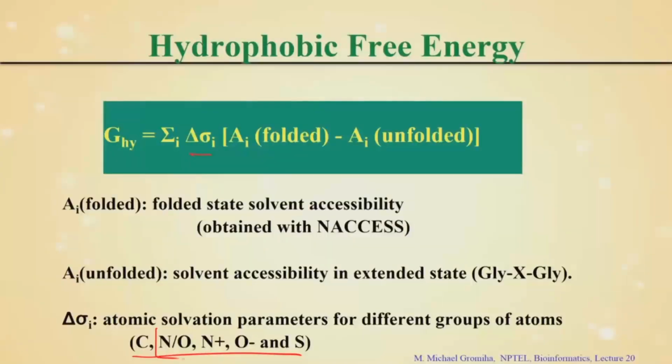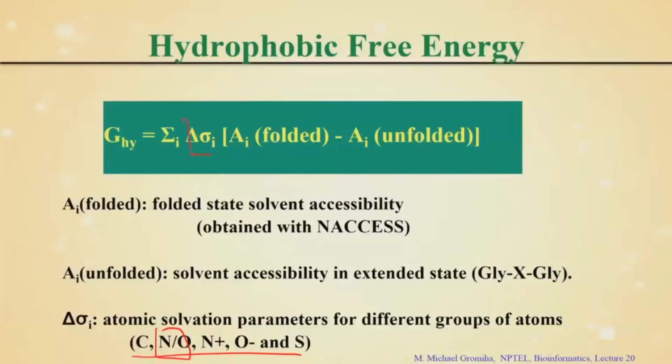Oxygen we have 2 types, neutral and negative charge. So, here the neutral nitrogen and oxygen we combine together, N and O, then N plus, O minus and S. But we can use different classifications. You can use nitrogen and oxygen separately, and main chain carbon and side chain carbon separately, depending upon the connectivities and the amino acids. For simplicity here we use 5 different classes.